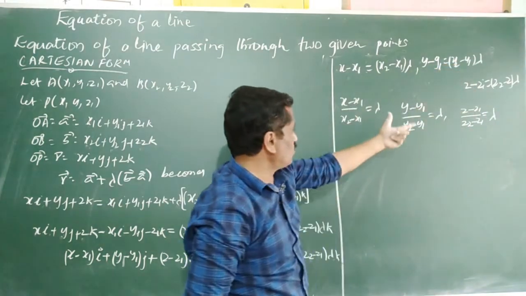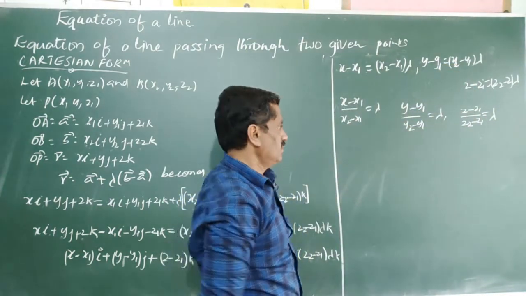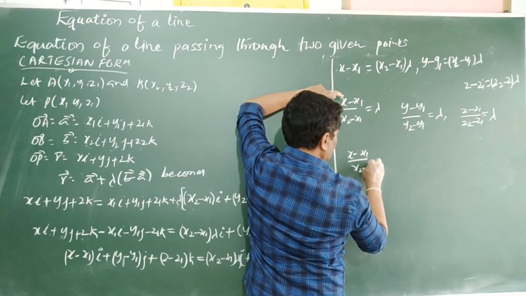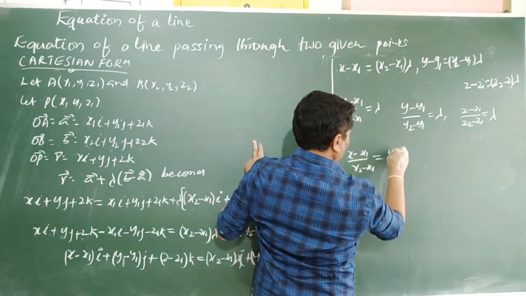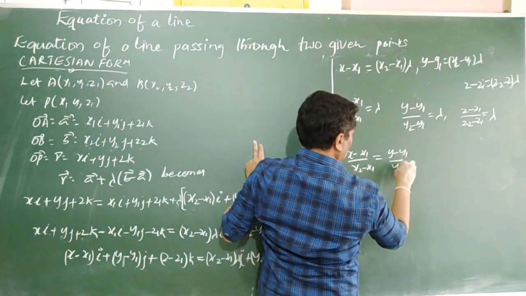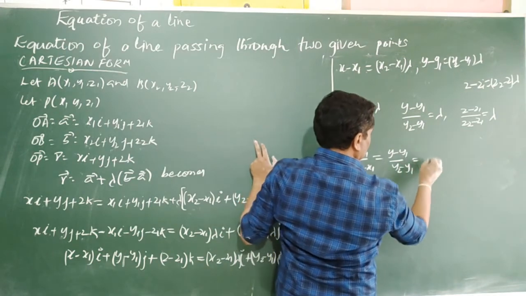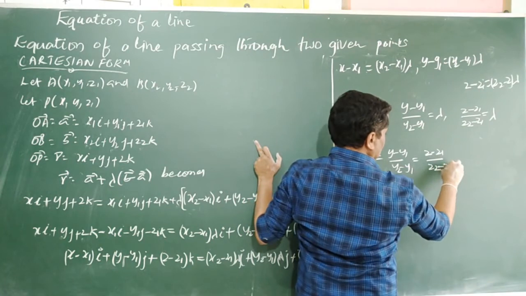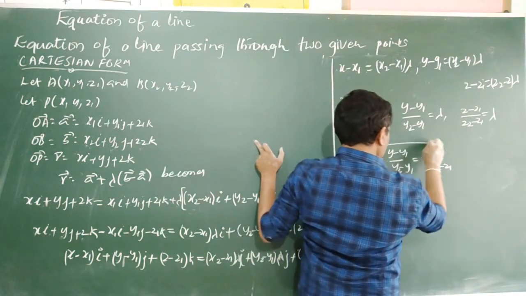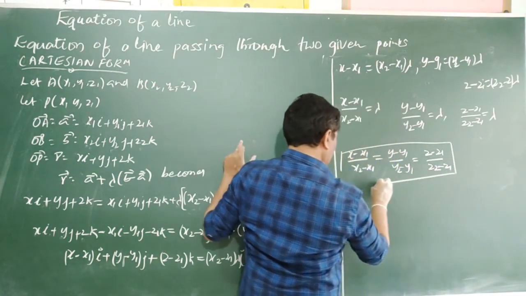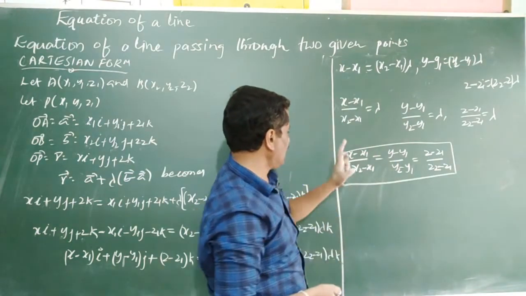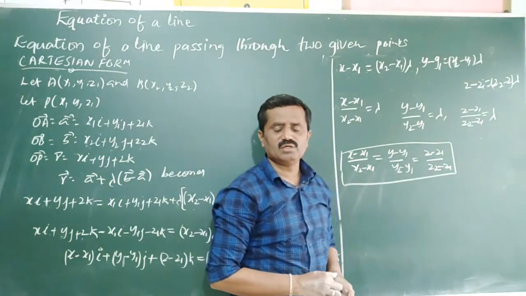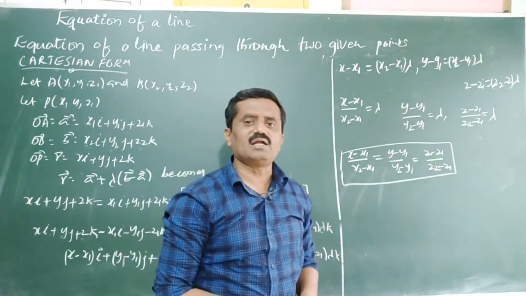So each term is equal to lambda, therefore equating all: x minus x1 divided by x2 minus x1 is equal to y minus y1 divided by y2 minus y1 is equal to z minus z1 divided by z2 minus z1. Which is the equation of a line passing through two points x1, y1, z1 and x2, y2, z2 in Cartesian form.